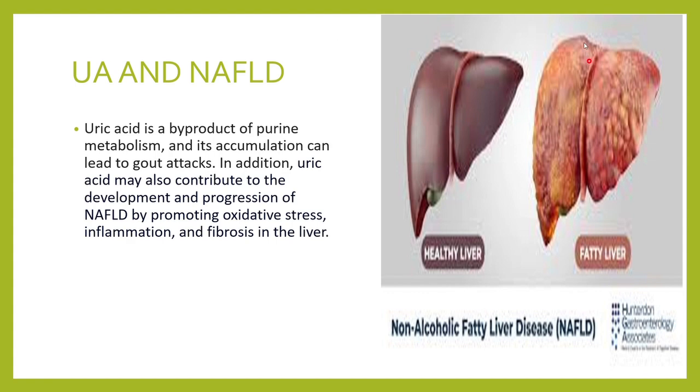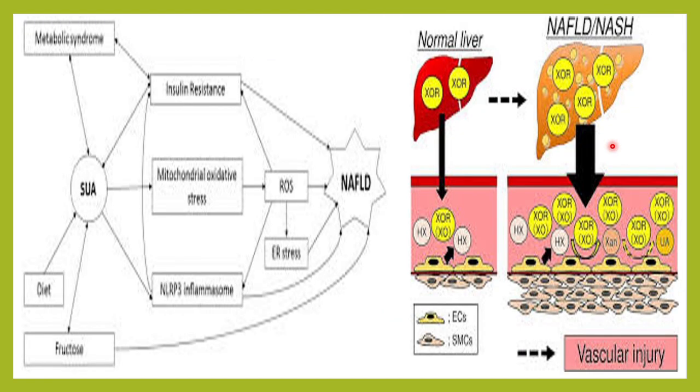The liver is the one organ which produces the uric acid, and whenever the uric acid level increases, it will also lead to formation of this non-alcoholic fatty liver disease by causing inflammation, oxidative stress and fibrosis in the liver. So this is how the normal liver looks like, and this is how a non-alcoholic fatty liver looks like in cases of increased uric acid.